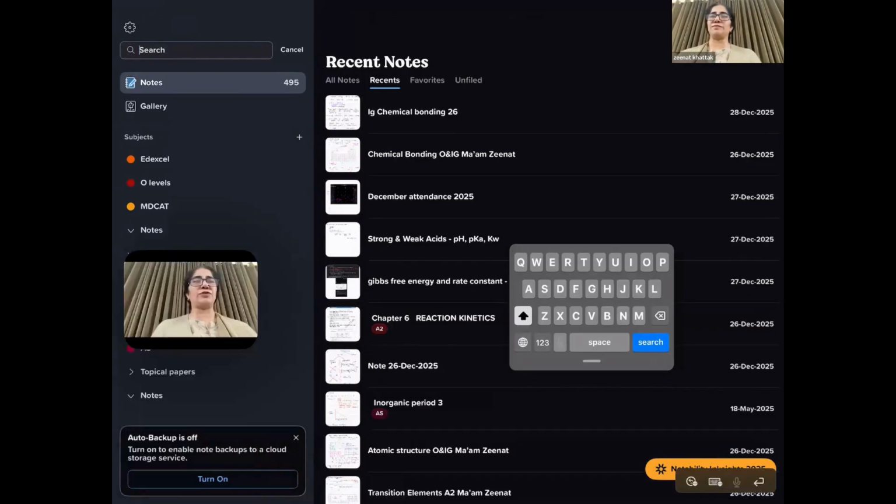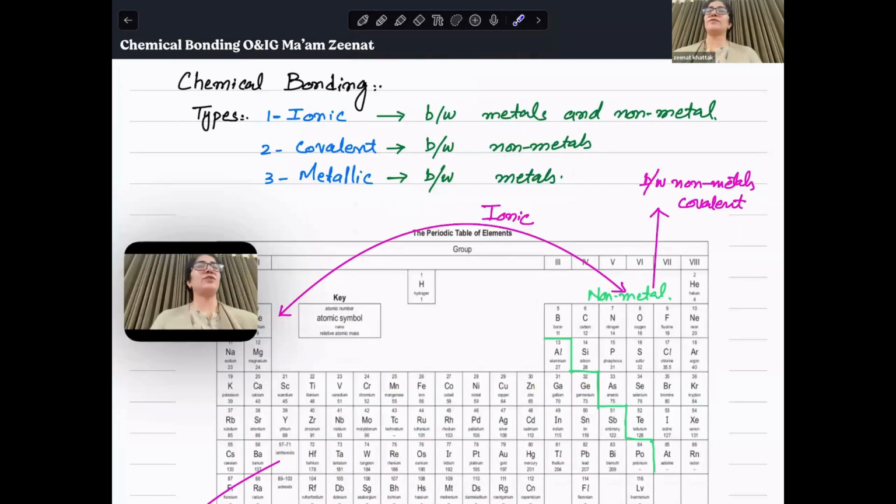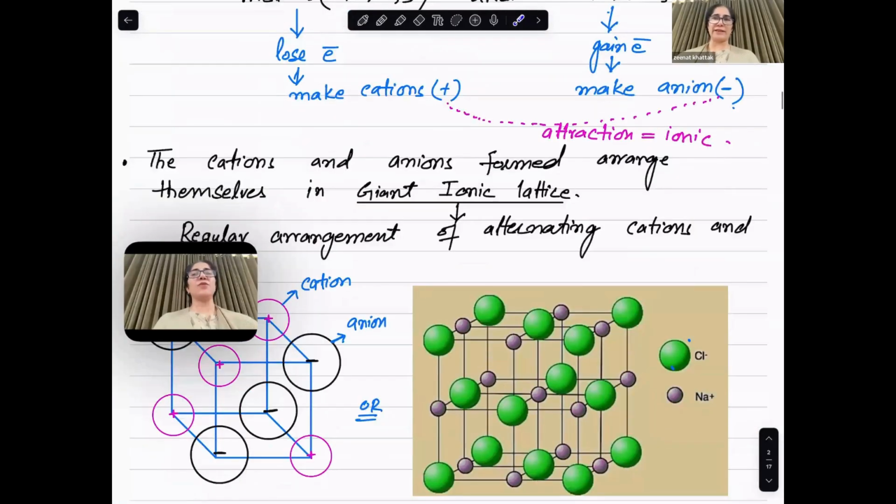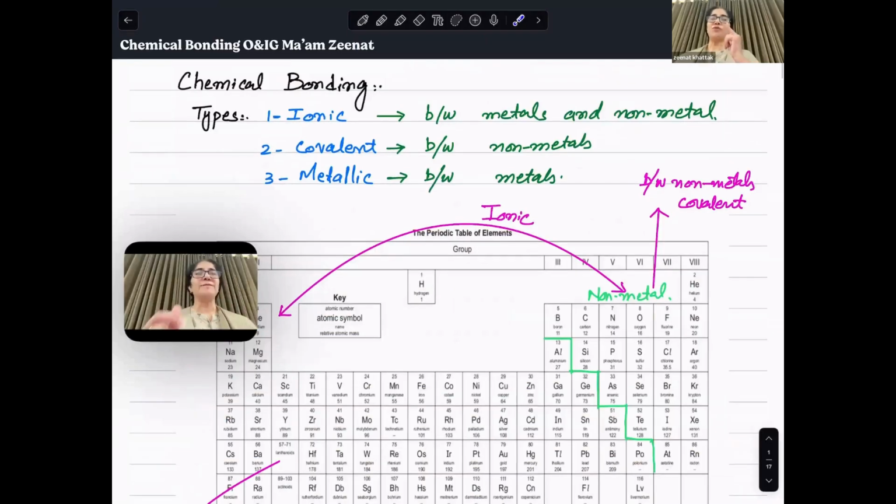These are the notes of chemical bonding. These are all available on my website, Chemistry by Zeenat, so for the notes you are supposed to go there. But right now I'm explaining the different types of bonding and how you will differentiate them, and then I'm going to explain each and every one in detail.